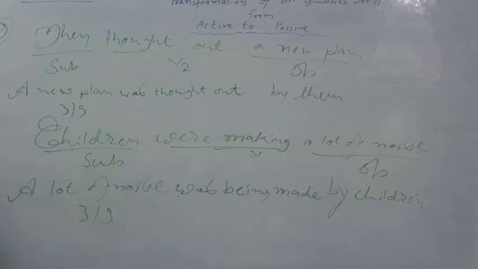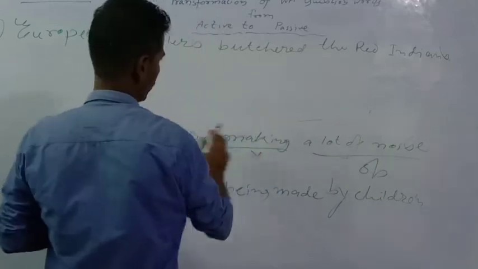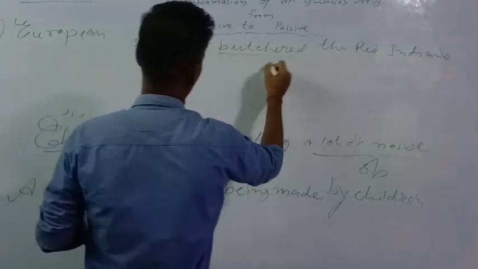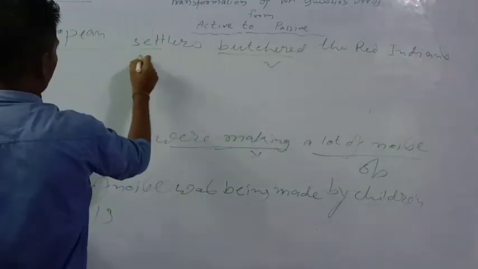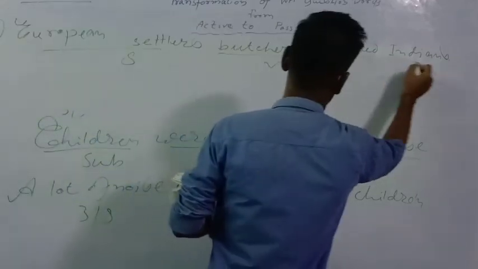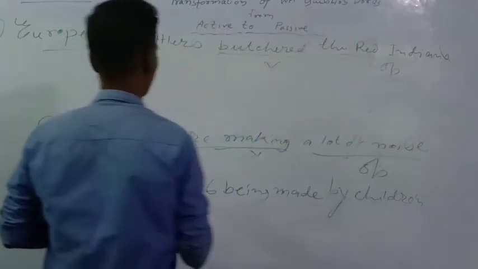European settlers butchered the Red Indians. So verb, subject, object.